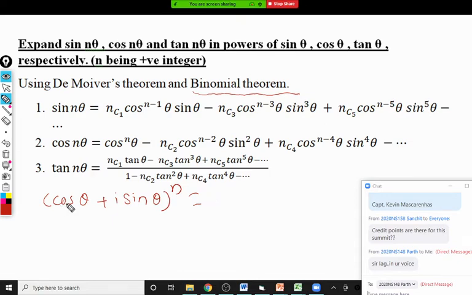So right now I will tell you (cos θ + i sin θ) raised to n. By the binomial theorem, if you want to expand, what is the binomial expansion?